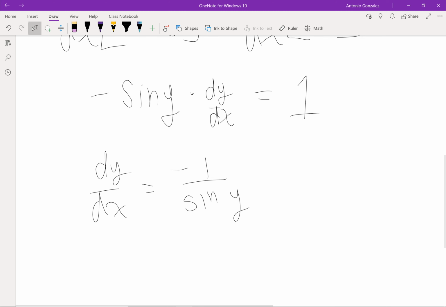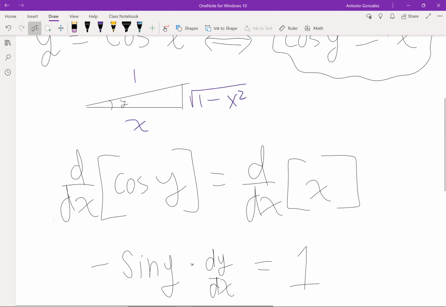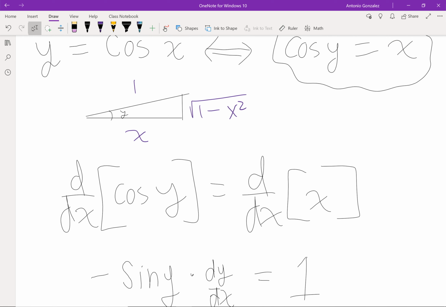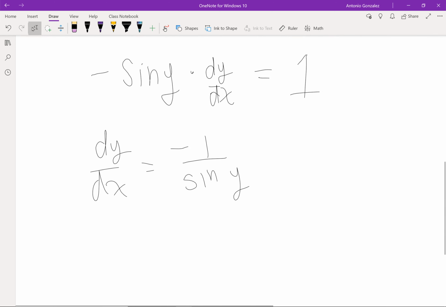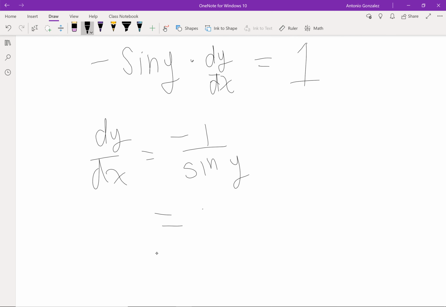Now let's go back to our triangle and get it in terms of x, because for dy/dx we want our function in terms of x. Sine of y is the opposite over the hypotenuse. So as it turns out, this is negative 1 over the square root of 1 minus x squared.